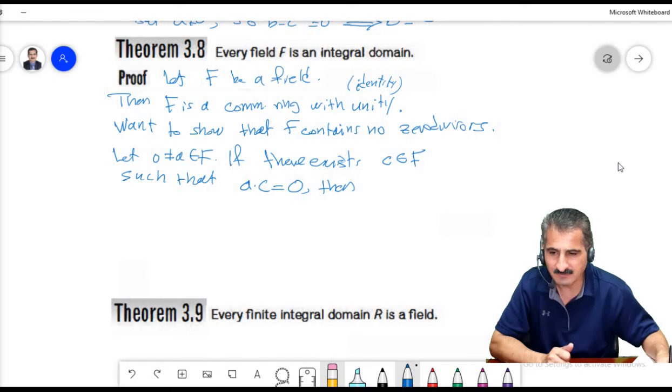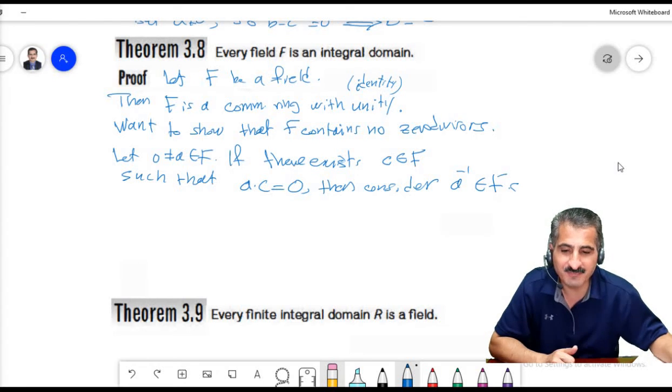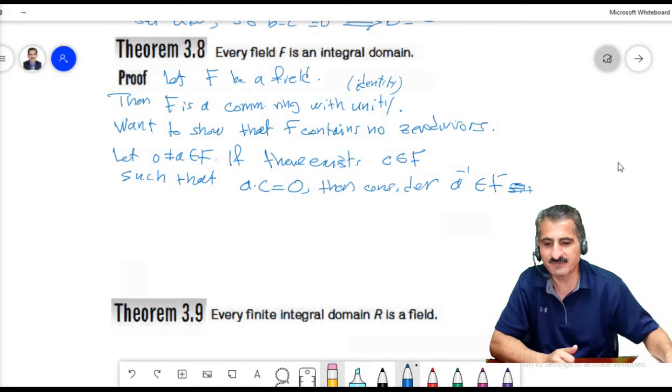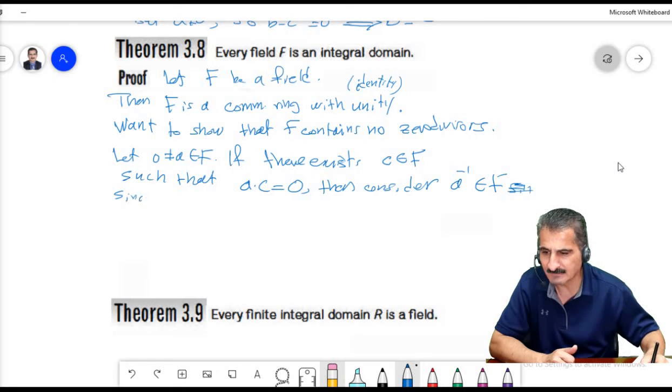Consider A inverse, which belongs to F since F is a field.